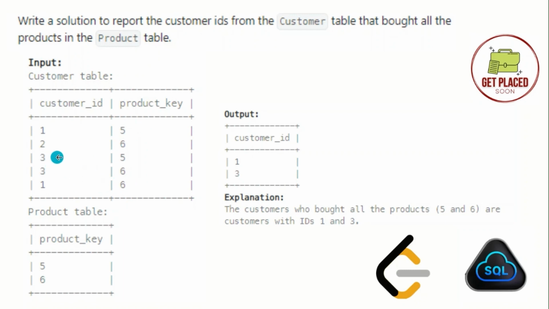Customer ID 3 also bought item 5 and item 6. But customer ID 2 bought only 6. Customer ID 2 didn't buy item 5. So we will return customer ID 1 and 3 because they have bought all the products mentioned in the product table. Now let's see how to write this code.